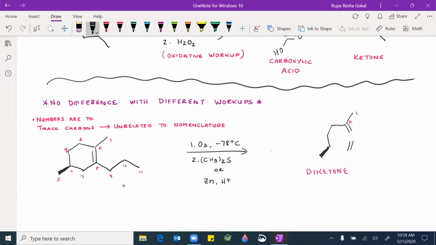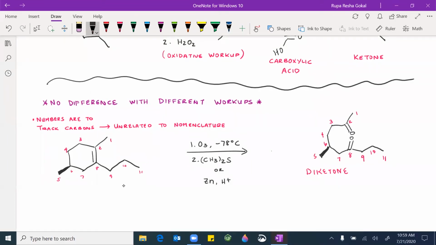And that's bonded to 7, and 7 is bonded back to 8. So I've got here carbon 2, there's 3, there's 4, there's 6, which is bonded to 5. There's my 7, there's my 8. 8's still bonded to 9, 10, and 11.